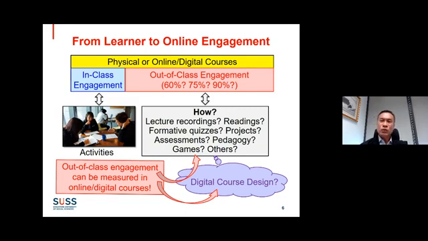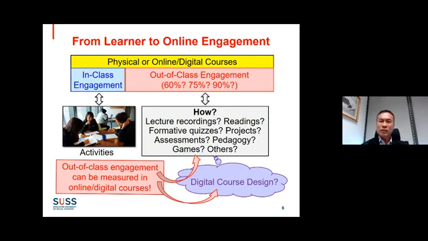Nowadays, we have learning management systems. When we put things online, and when students access what they put online, they leave a trail, they leave data. And because out-of-class engagement generates a lot of this data, we can actually measure and observe engagement out of class for digital courses.